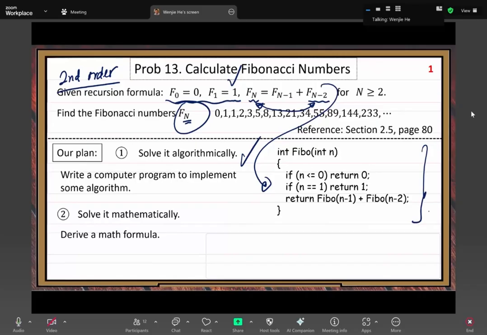But after you have the implementation of this algorithm, you need to ask: is it a good one? How good is it? If it is not good, can we improve it? Can we make it better? We need to consider that question.